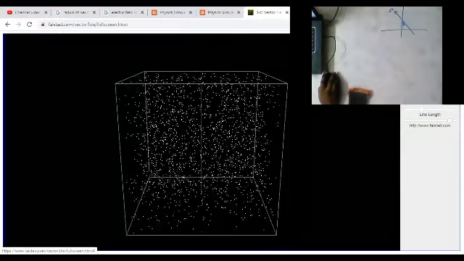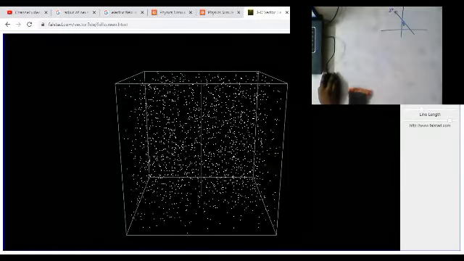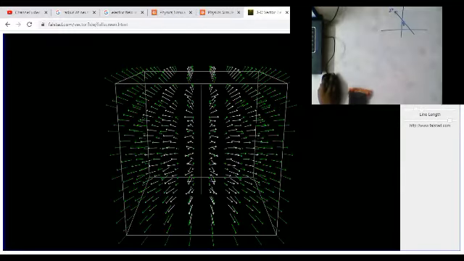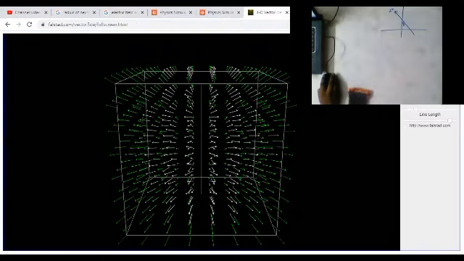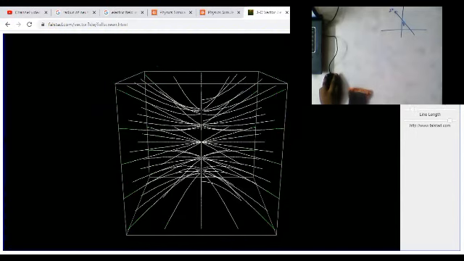So you are able to see the field vectors. Just as we discussed, this is what the field vectors are at each and every position. What is the field vector direction? This is how we can obtain it. Next, we have field lines. Field lines is the next topic.